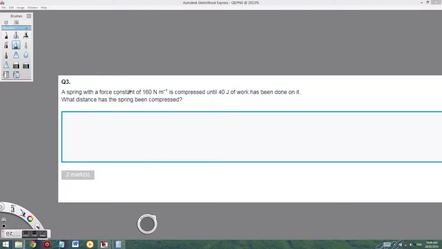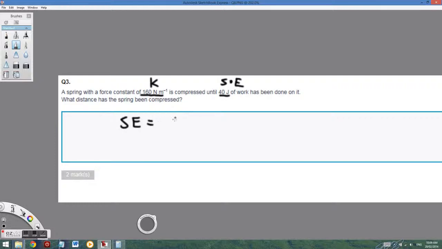Again, a question like this. A force constant k, and 40 joules of energy has been done. So that's the spring energy. Now, what distance has the spring been compressed? Use the equation. Put the values in.